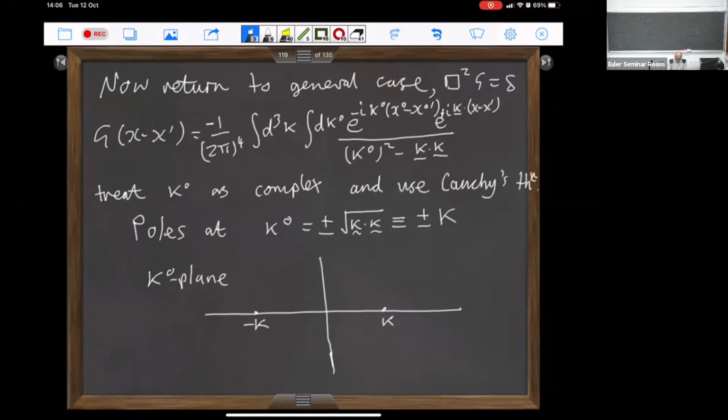And then we looked at the general Green's function for the massless wave equation and emphasized the point that because you have these two poles, and we use Cauchy's theorem to evaluate the Green's functions, different choices for contours will give you different types of propagators.